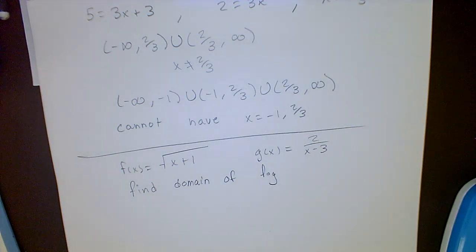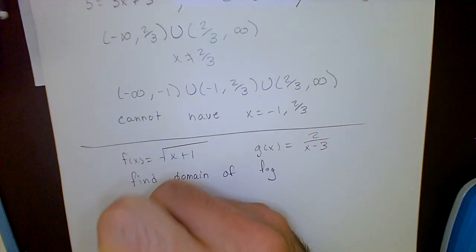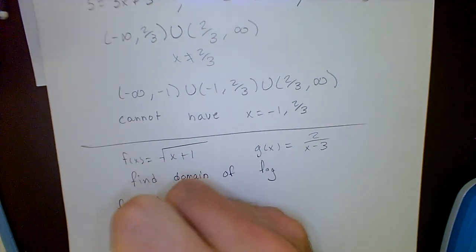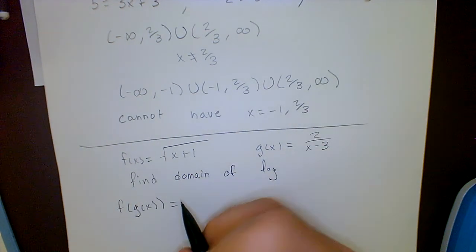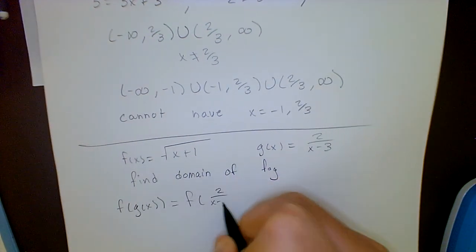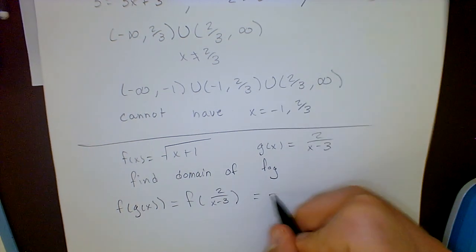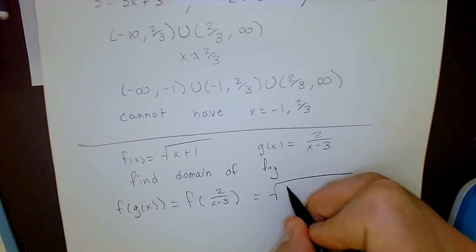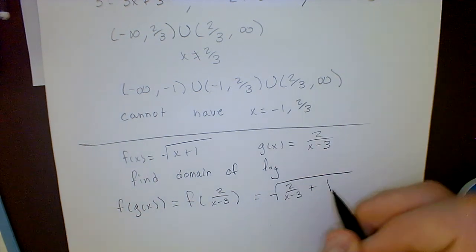Another way you can do it is just like I was saying before. You can literally just find what f of g is. So f of g of x is f of 2 over x minus 3, which is equal to the square root of 2 over x minus 3 plus 1.